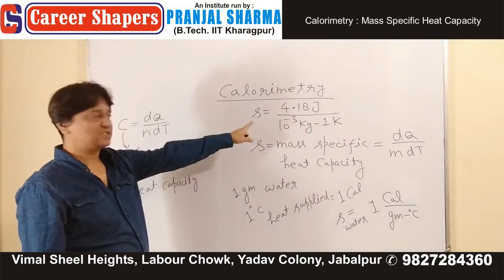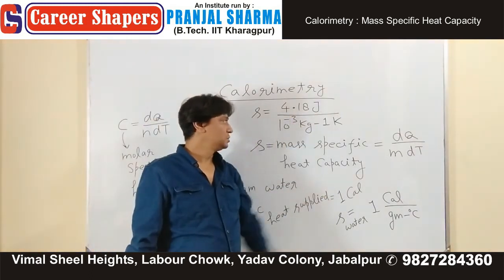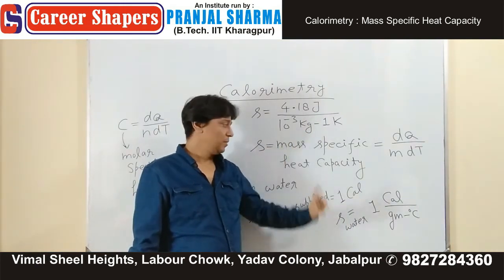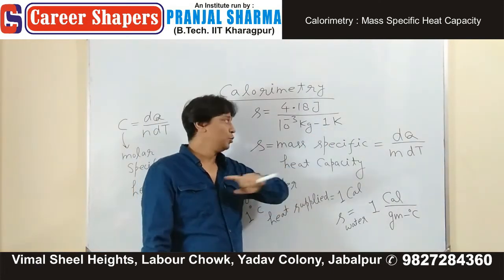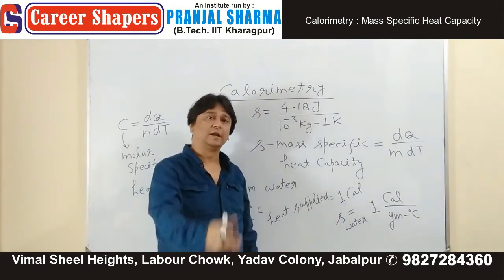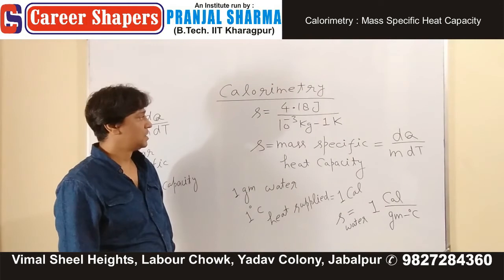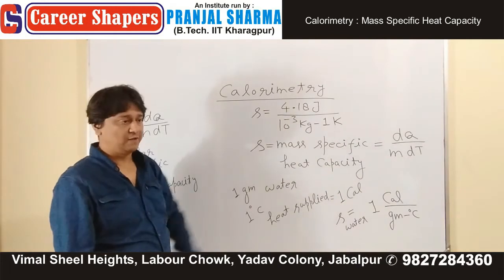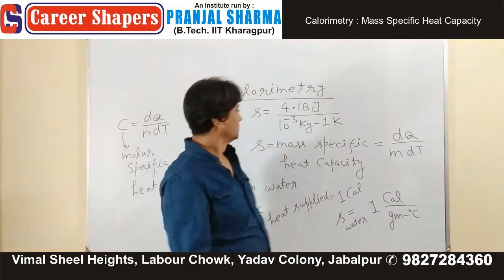This is the value of specific heat capacity. 1 calorie, 4.18 joules, and then grams is 10 to the power minus 3. And then degree Celsius, you can write degree Celsius or Kelvin, they both are same. Change wise, 1 Kelvin and 1 degree Celsius, they are same. Remember this. Those of you who could not produce any answer, or those who gave the wrong one, do you understand this part? The whole thing? Yes or no?